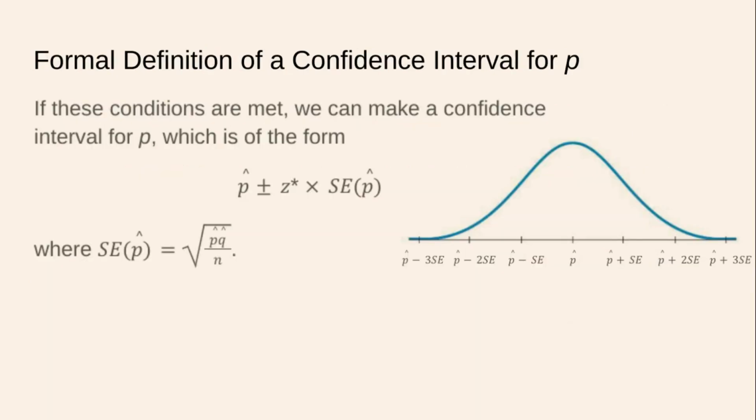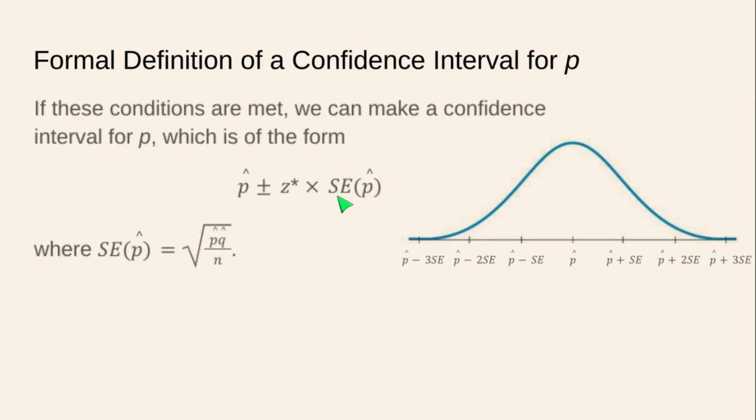All right, so formal definition of a confidence interval for the population proportion. If these conditions are met, the conditions from the prior slide, we can make a confidence interval for p, which is of the form, centered at p hat plus or minus, so here's our margin of error, z star, some number of standard errors, times the standard error of p hat.